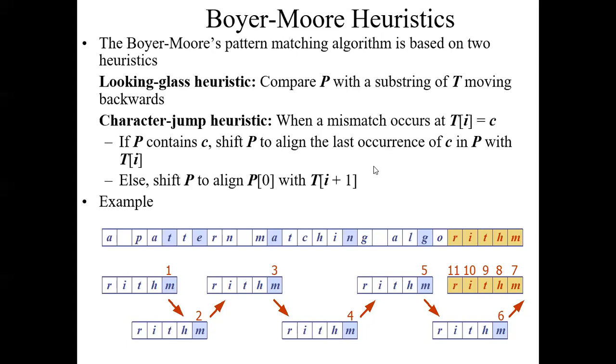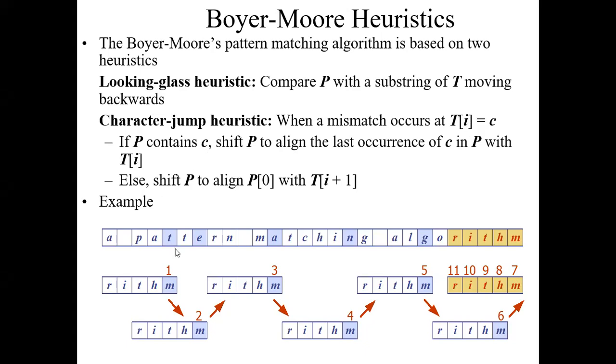The second thing is the character jump heuristic, which says that whenever a mismatch occurs at the ith index of text with a character C, there are two possibilities. If there is a mismatch, is that ith character present elsewhere? If P contains C, I align that character with a character in the pattern.